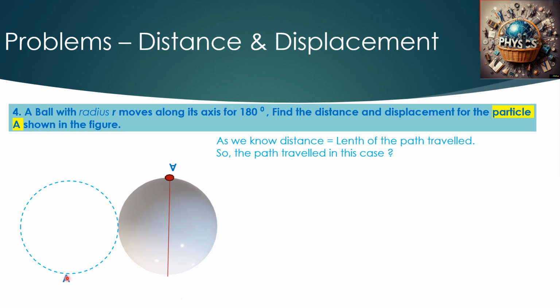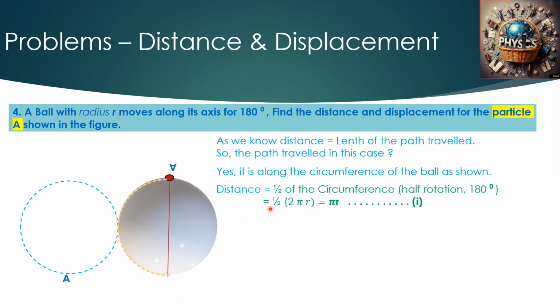Which means that this distance and also this distance is equal to half of the circumference of the circle. So the circumference of the circle is 2 pi r, and since we need to know the distance, which is nothing but the total length of the path traversed, this particular highlighted portion, we can simply get it: 2 pi r into half, nothing but pi r, which is the distance traveled by the object.